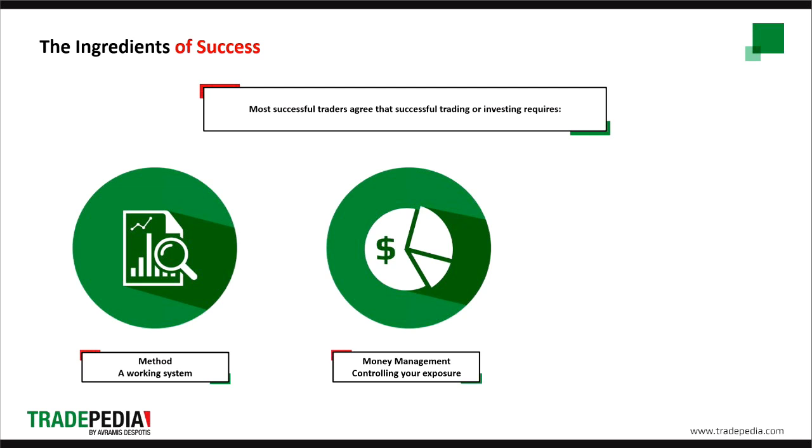Money management is the ability to differentiate between a good trade, a bad trade, or a medium trade, because according to this, you might increase the money you are going to risk on these trades.